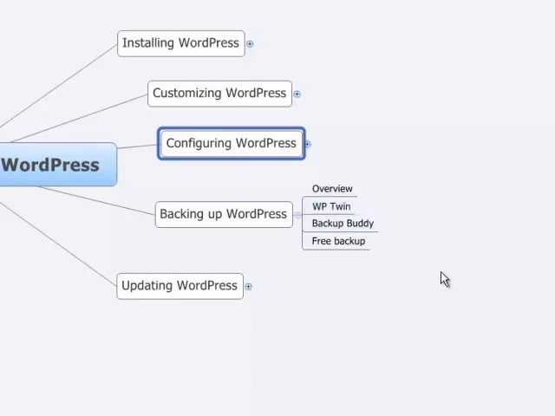And those four options really are: do it manually or do it using plugins. And the plugins are WP Twin, which we've talked about before, Backup Buddy, and there's a free plugin on WordPress.org that proposes to do backups and restores completely free and painlessly.